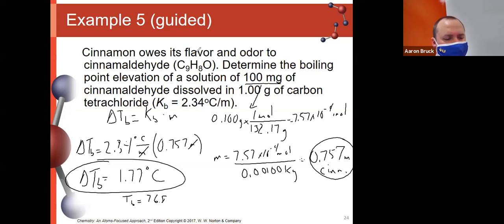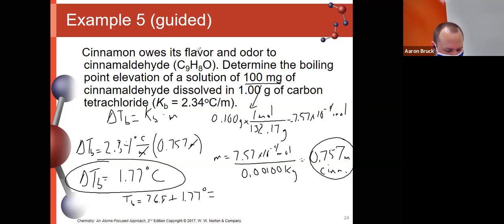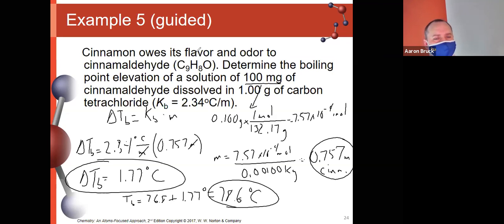Which means that for this solution, it would be 76.8 plus an additional 1.77, which would give us 78.6 degrees Celsius for the solution.